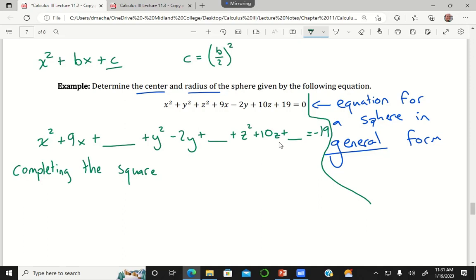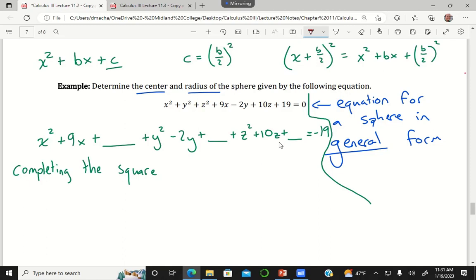What happens after that is we're going to write x plus b over 2 squared, because that would give us x squared plus bx plus b over 2 squared. So then what goes in this blank is going to be 9 divided by 2 squared, right?